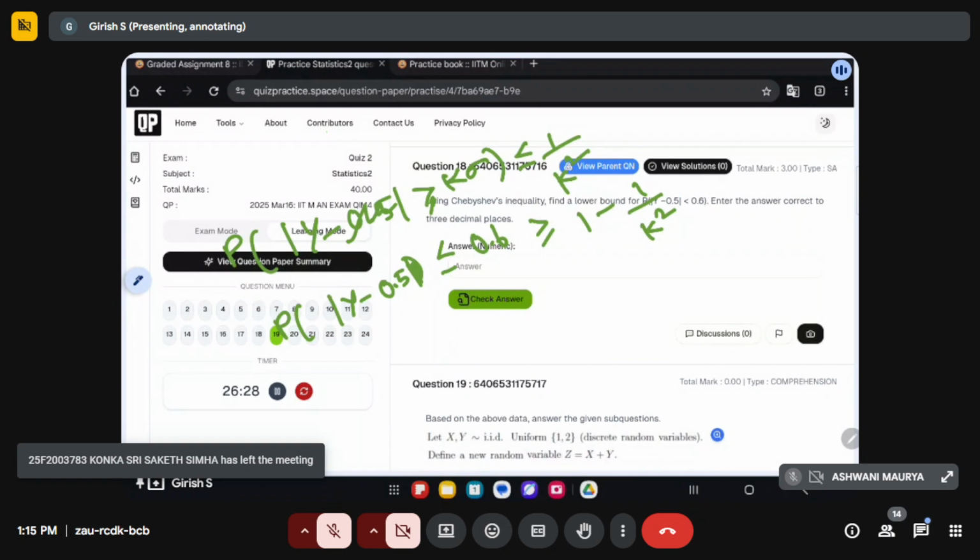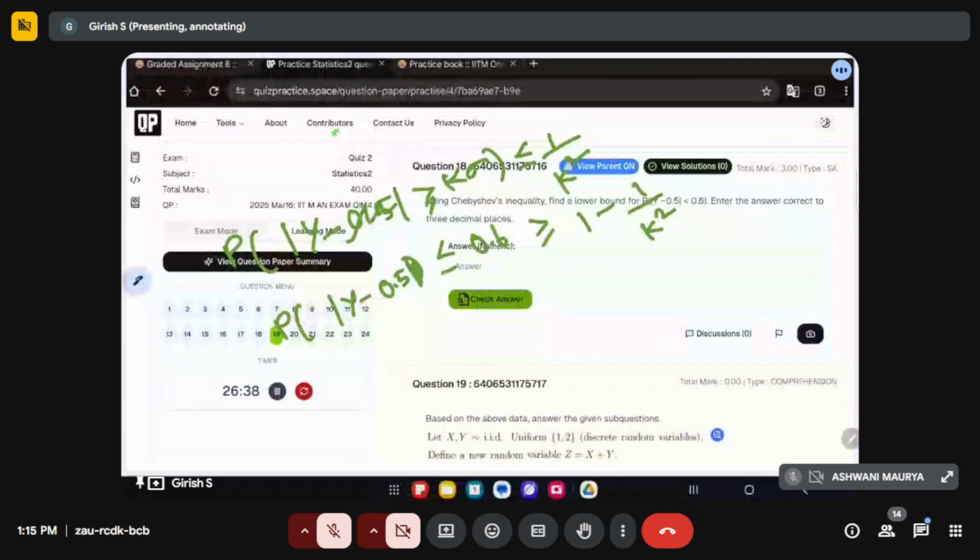So what we want here is the k value. I think it is a continuation of the previous question. In the previous question, I believe we found the variance to be 1 by 120, right? So k sigma is 0.6.